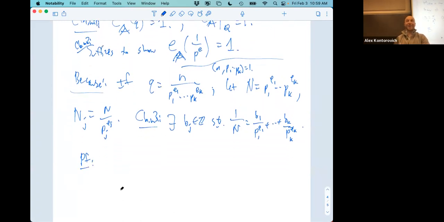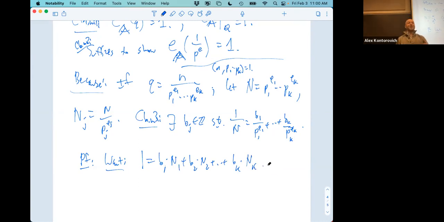I think not. I hope not. Oh boy, maybe. Say it again? Chinese remainder theorem. Yes, the Chinese remainder theorem again, although it's like partial, right? It's like a partial fraction decomposition. So let me multiply both sides by n. If I multiply everything by n, then I get 1 is equal to b1 times n divided by p1 to the e1, which is N1, b1 times N1 plus b2 times N2 plus bk times Nk.